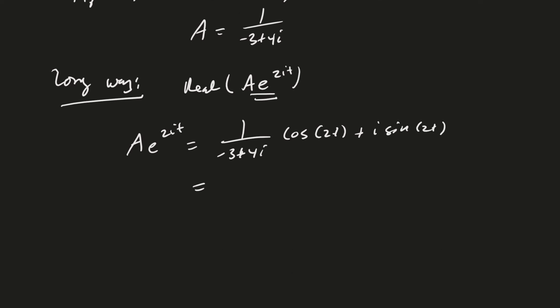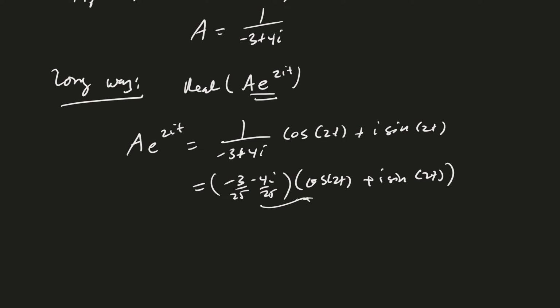So that's equal to, I need to multiply by the conjugate. That's over 9 plus 16 is 25, over 25. And so I get this times cosine 2t plus i sine 2t. Okay, and then once you multiply all this out, then you get to your answer.